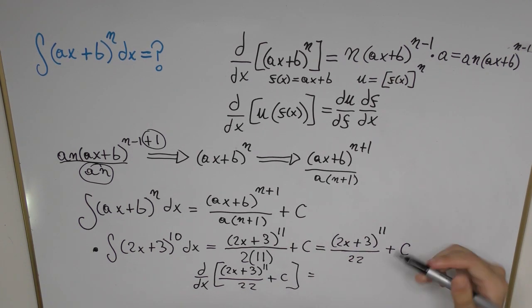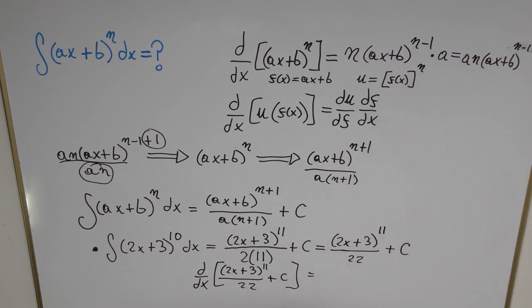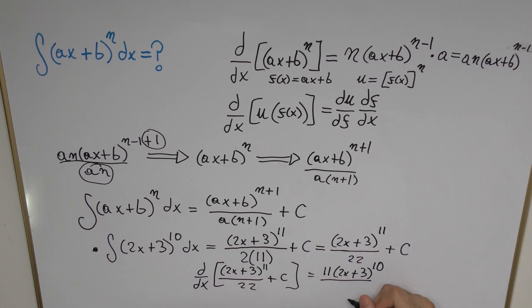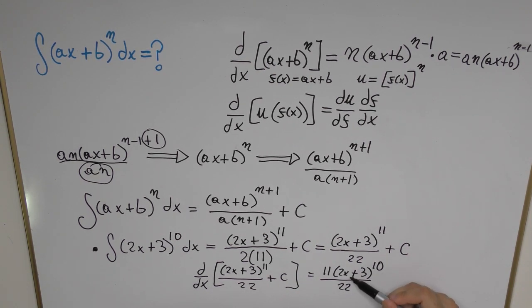And now we're going to apply the chain rule as we did at the beginning. We're going to start off by bringing the power down here. So that's 11 times 2x plus 3 to the power of 10. And now we still have this factor of 22 in the denominator. And now we're going to multiply that by the derivative of the inside of the brackets, which is just going to be 2.